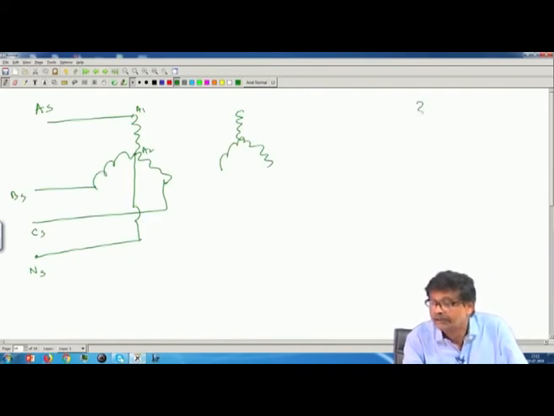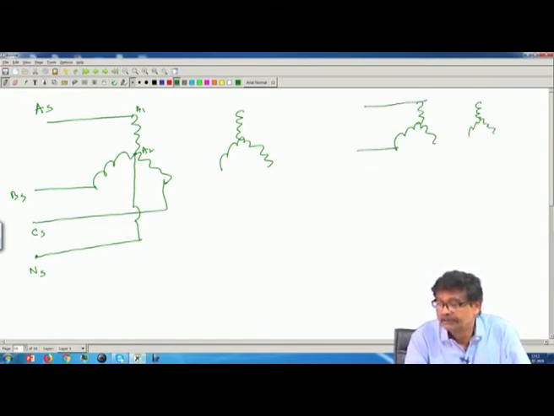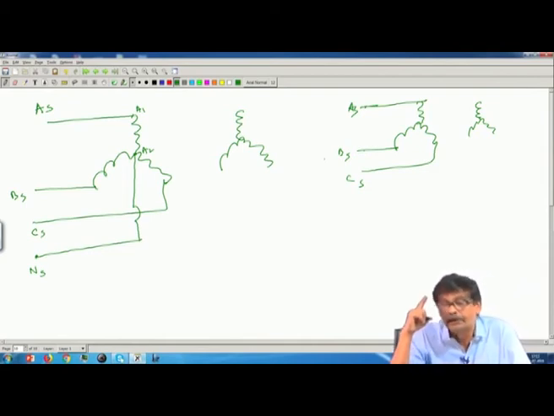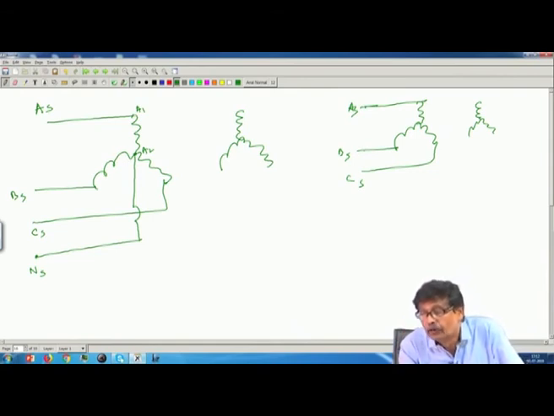What I am telling is, in this case, when neutral was not connected, the situation was like this: AS, BS, CS, supply neutral was not connected. I can only claim that between these two lines I have connected a 50 hertz voltage, but I am not sure. If I did not know anything about third harmonic voltage, I would perhaps have concluded that the voltage appearing across this is this by root 3.